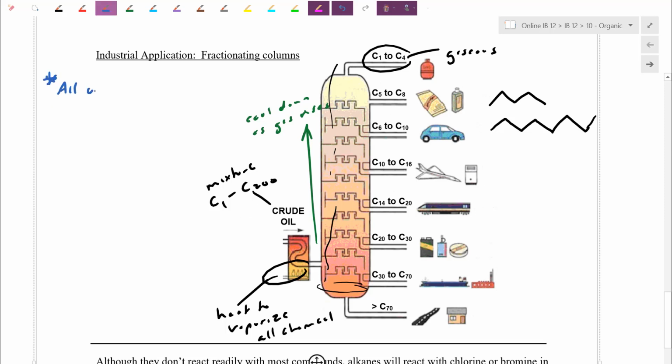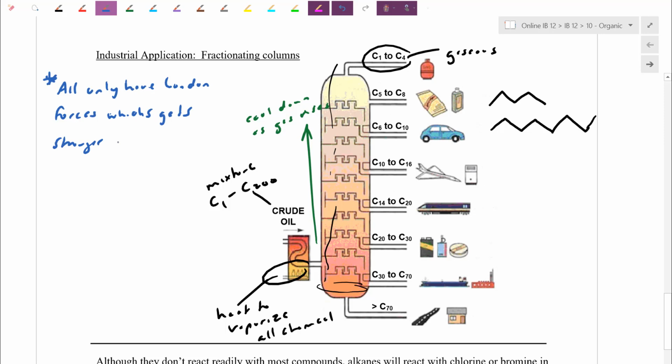So you can make a note here. All only have London forces, a type of van der Waals forces, which gets stronger as the chain lengthens, as the chain gets longer, right? So therefore, if I have longer chains, these ones here will have higher boiling points.